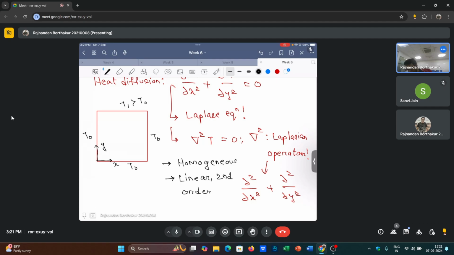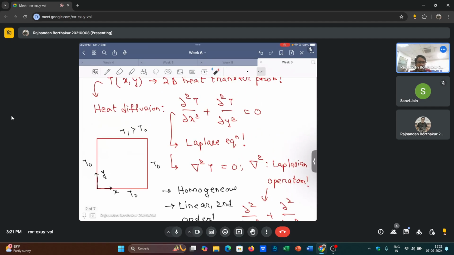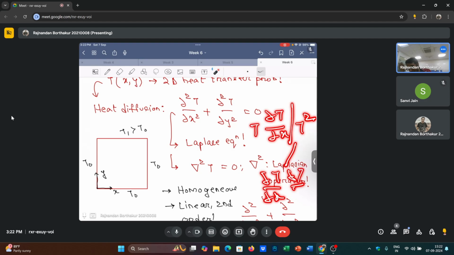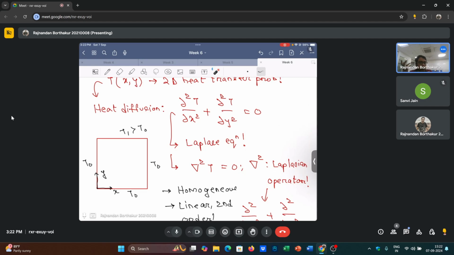The best way of checking whether an equation is linear or non-linear is to see whether my dependent variable is multiplied with itself or with its derivative in the equation. Basically, if I have a term, let's say, T times del T by del x, or a term like T square, or a term like del T by del x into del T by del x, then if such terms happen to be in my equation, this brings nonlinearity into our problem.